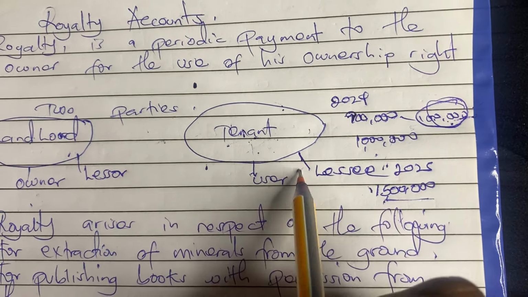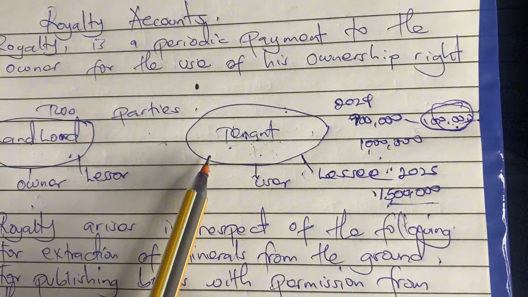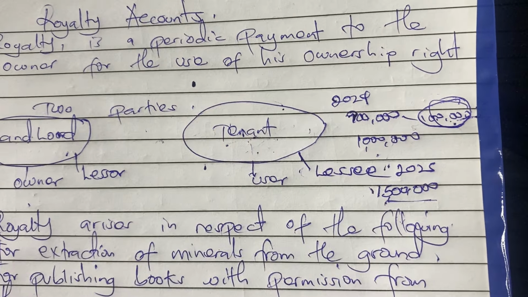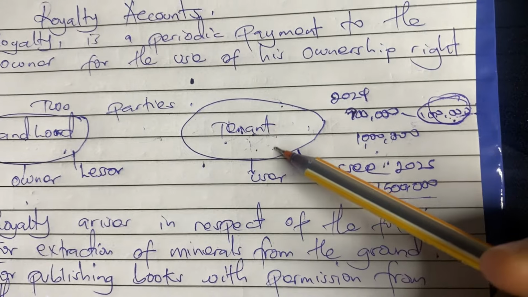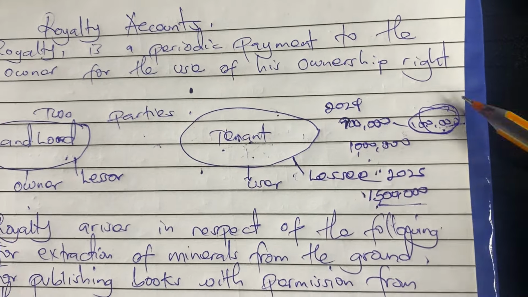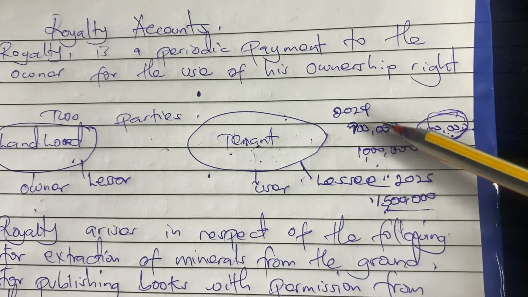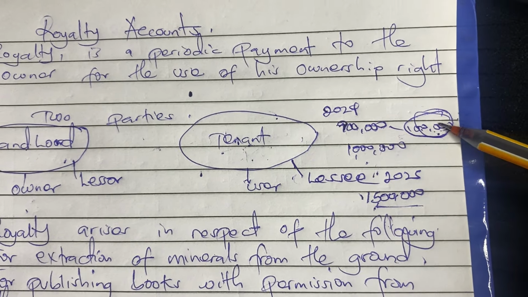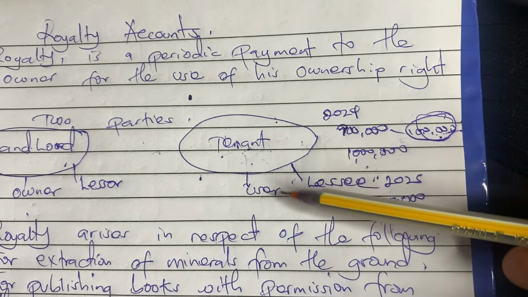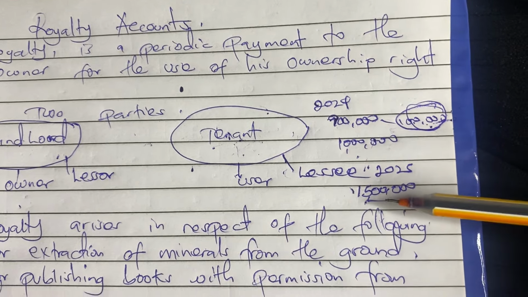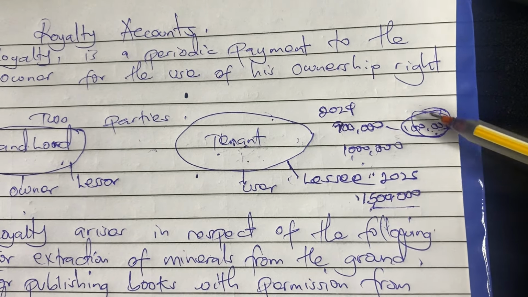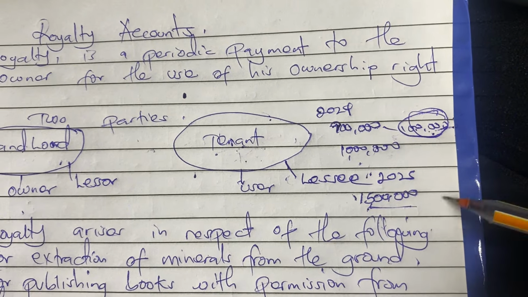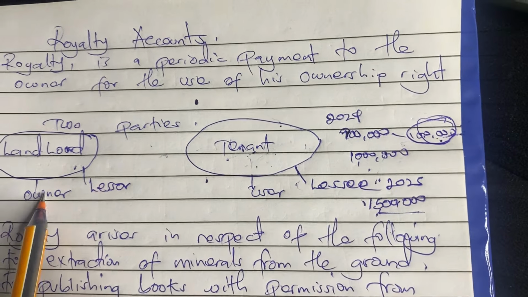According to the agreement, in case there is excess money made above the minimum rent, the tenant is allowed to recover the short workings that were incurred previously. So in 2024, we had incurred short workings of 100K. The tenant is going to first subtract their money, so they get 1.5M minus 100K. What they get, the balance, is what will be given to the landlord.